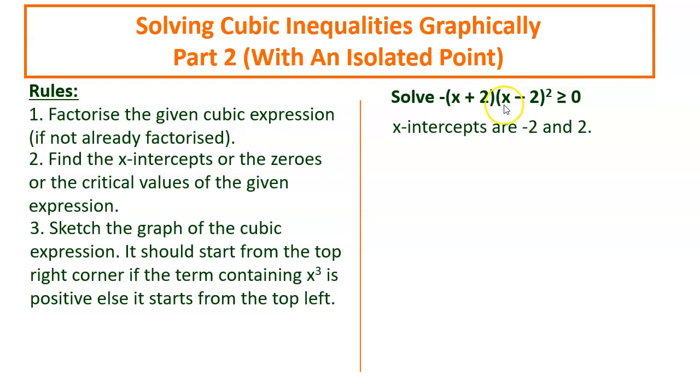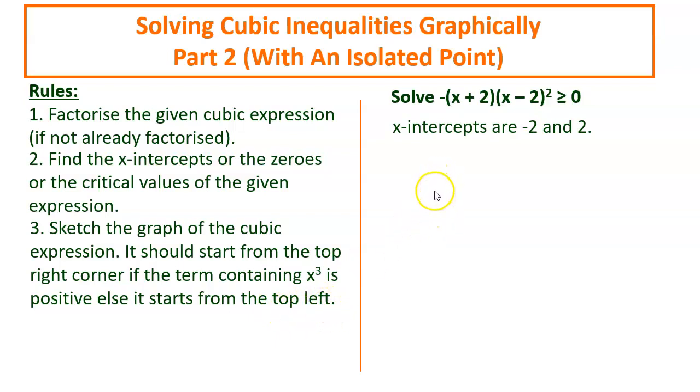So the x to the power of 2 term should be coming from x minus 2 to the power of 2. We will be getting the term containing x to the power of 2 from this part, which when multiplied with x will give us x to the power of 3. And because of this leading negative sign, the term will be negative x to the power of 3. So it will be starting from the top left.